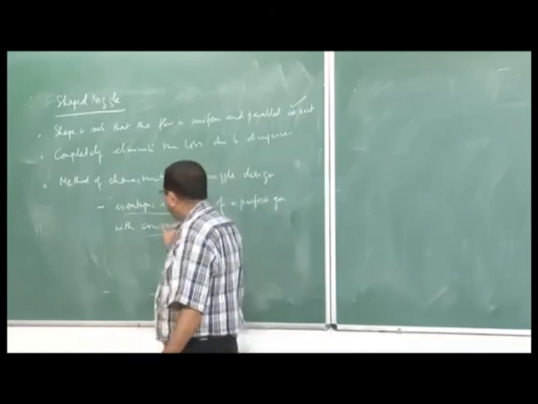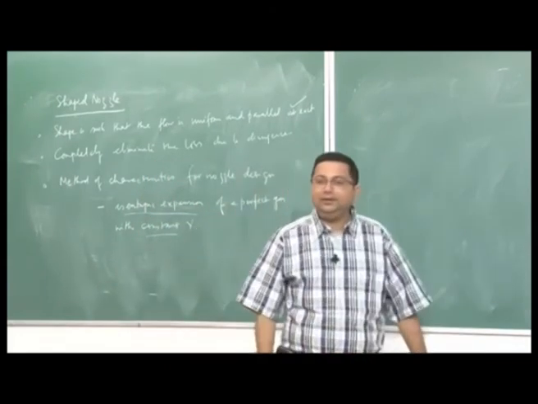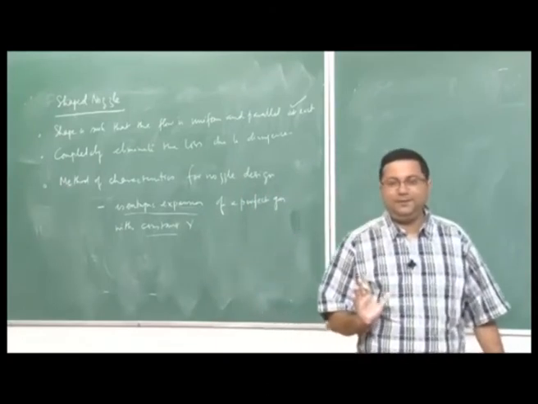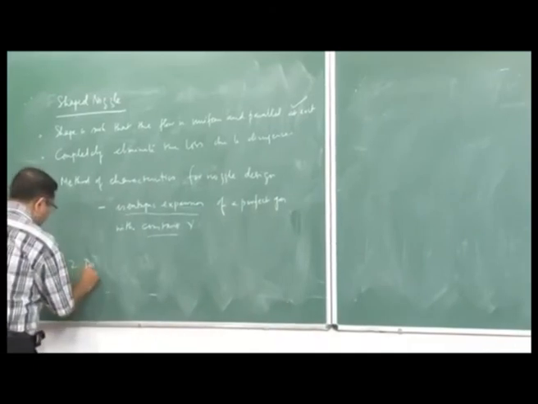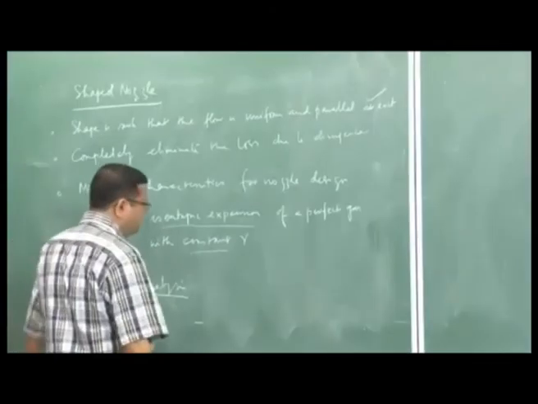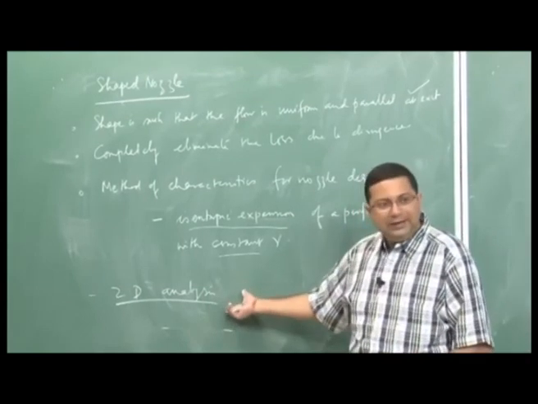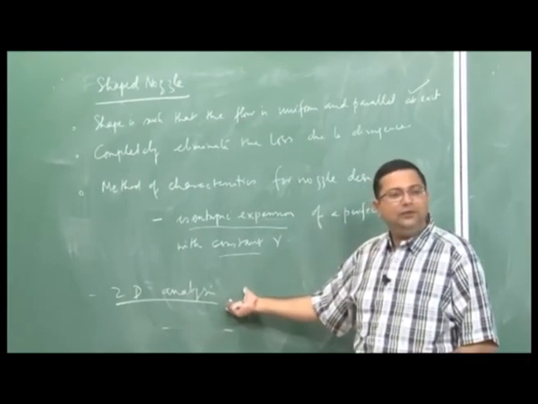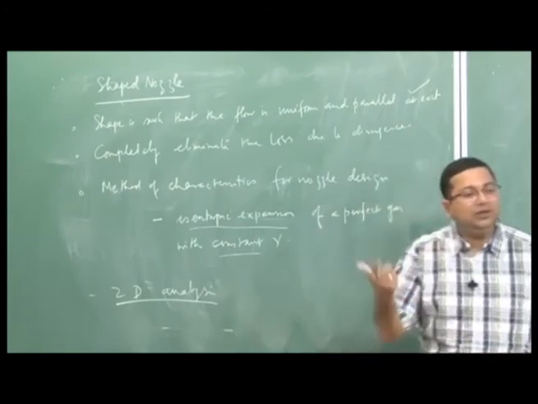One advantage of using method of characteristics, from the previous analysis, is that it is no longer 1D, okay. It is essentially a 2D analysis. We will be doing a 2D analysis to get the characteristics. Okay. So, that is the advantage, that we are already considering the flow to be 2D and we are designing based on that.